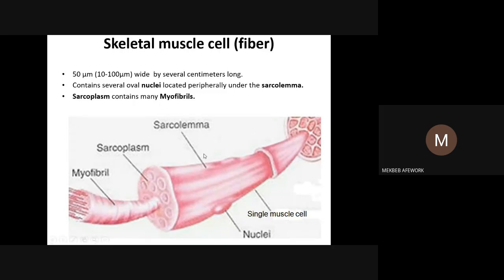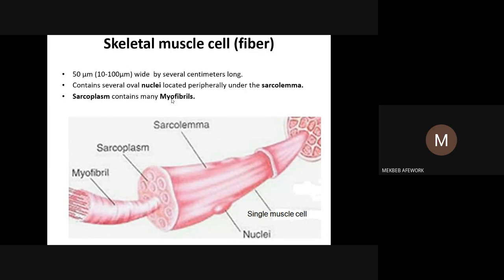Such nuclei are located peripherally and follow the shape of the muscle cell, so they are also rod-shaped, elongated. It has the basic organelles, some of which are relatively well formed, and one of such well formed structures are the contractile elements, the myofibrils, along with which we have plenty of mitochondria, glycogen, and others.